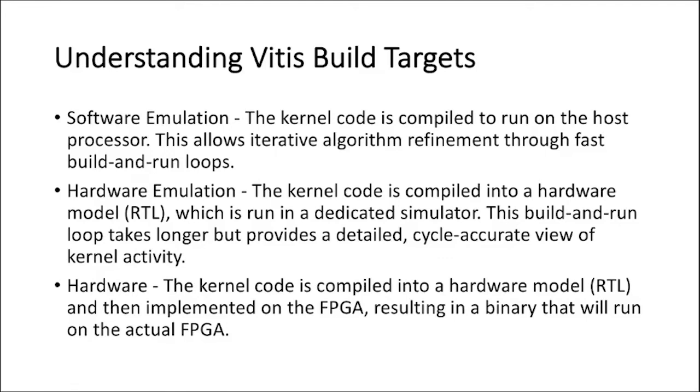But the key difference is that hardware emulation will simulate the cycles and the hardware detail or kernel activity for us. In software emulation, we can only check whether the answer is correct or not. But if we really want to test the result, we have to run it on the hardware.